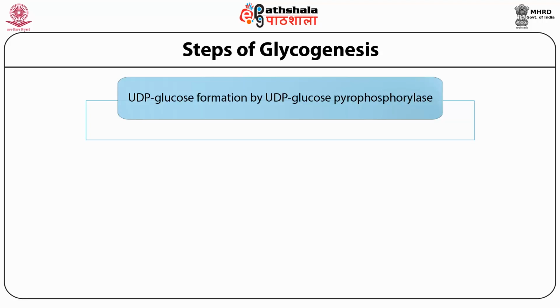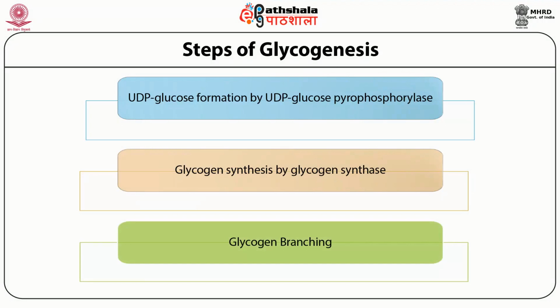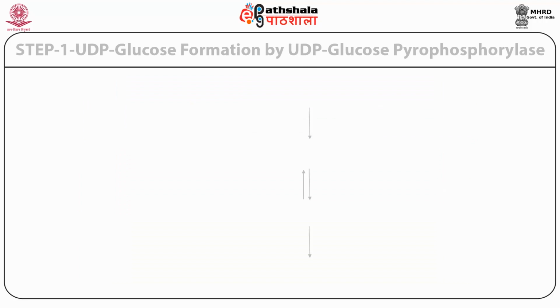The second step is glycogen synthesis by glycogen synthase, and the third step is glycogen branching. So these steps successively result in the synthesis of glycogen, starting from UDP glucose formation to glycogen synthase to glycogen branching.